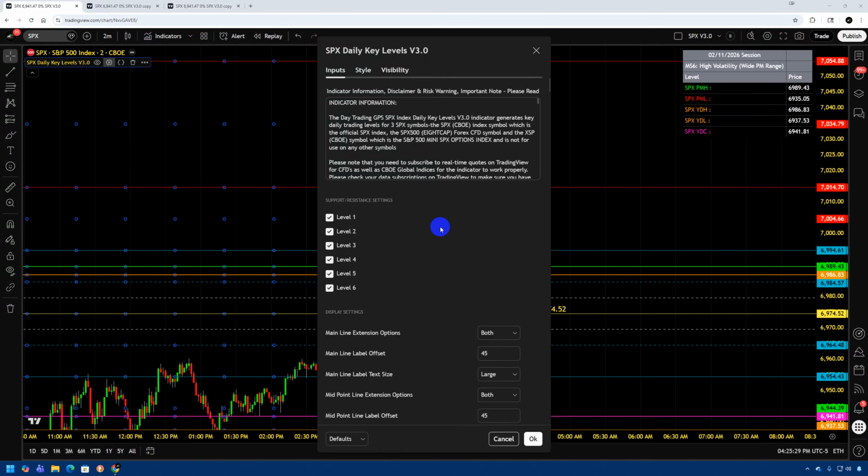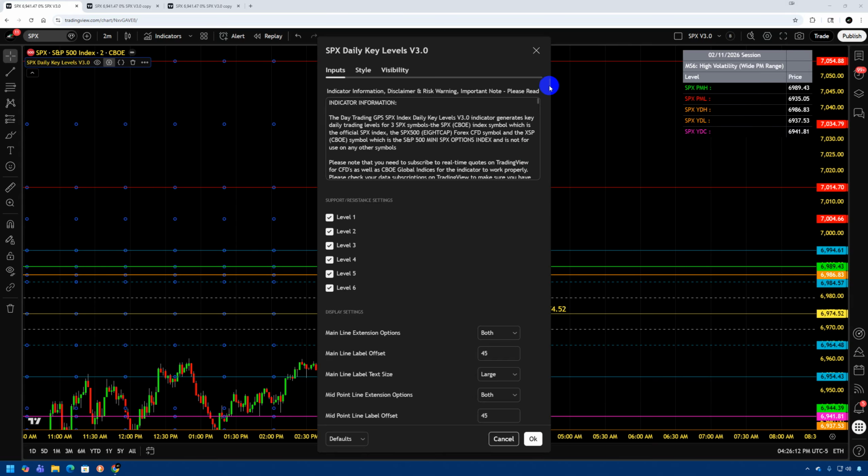So that was part of the decision of things we had to eliminate from the code in order to make room for all of the other new features, so that the indicator could be completely stable and not be anywhere near the coding character line limit for TradingView PineScript. So if you prefer to use zone shading, that's not going to be in the V3.0 indicator, and I just want to make you aware of that. If you like to use zone shading, you can still use the V2.0 indicator for it.